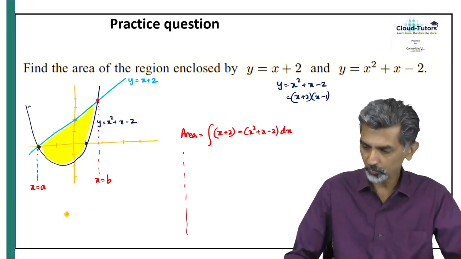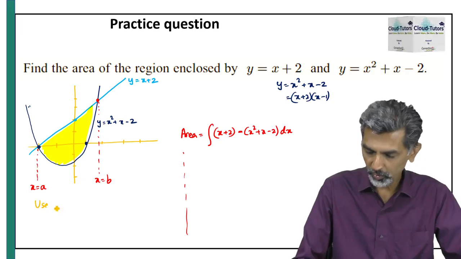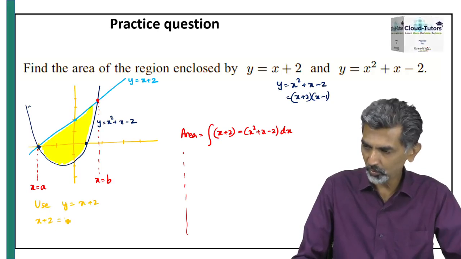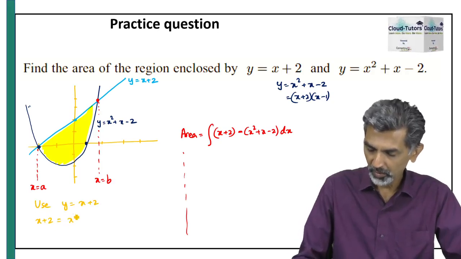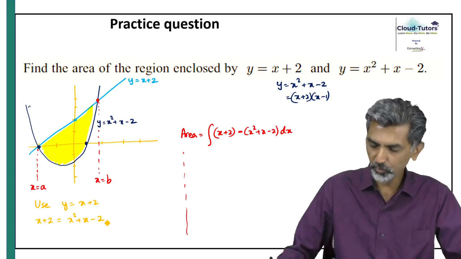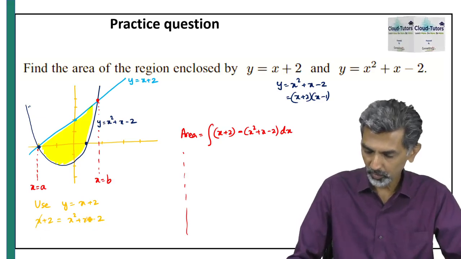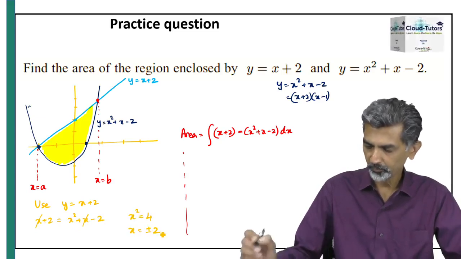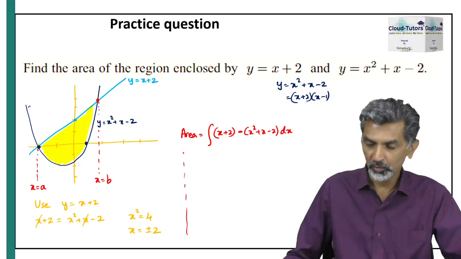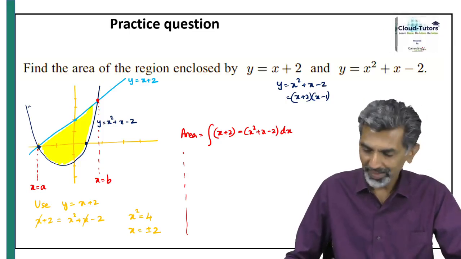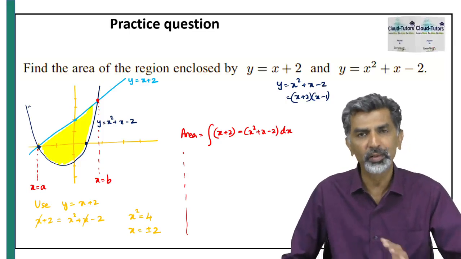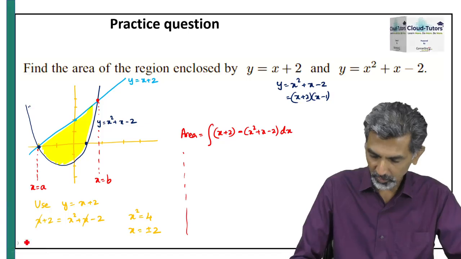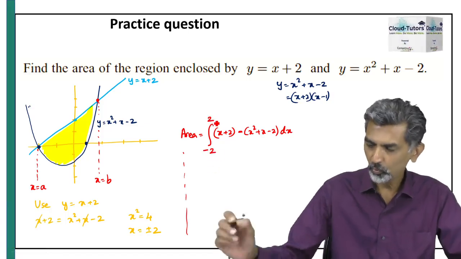Since we use y equals x plus 2, we say x plus 2 is equal to x square plus x minus 2. So this goes, x square is equal to 4, x equals plus or minus 2. So we get the two values of x where the two functions intersect. So we now know the limits of integration. It is negative 2 to plus 2.